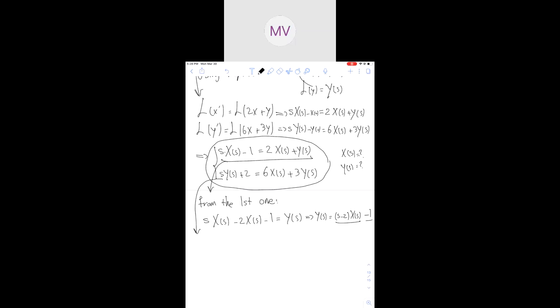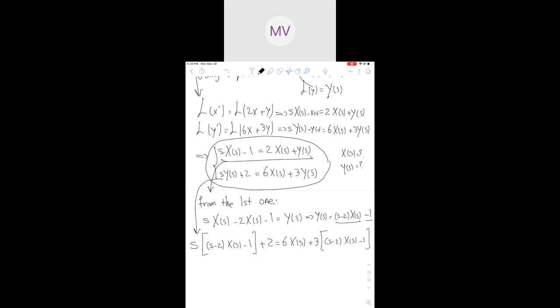Now from the second one, we have s times y of s. So y of s is that guy right there. It's s minus 2 times x of s minus 1, plus 2 equals 6x of s plus 3 times y of s again, which is s minus 2 times x of s minus 1.